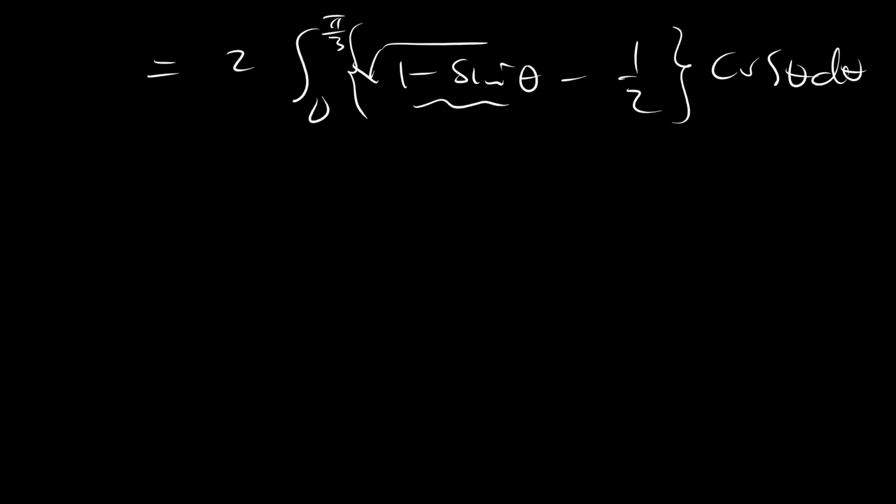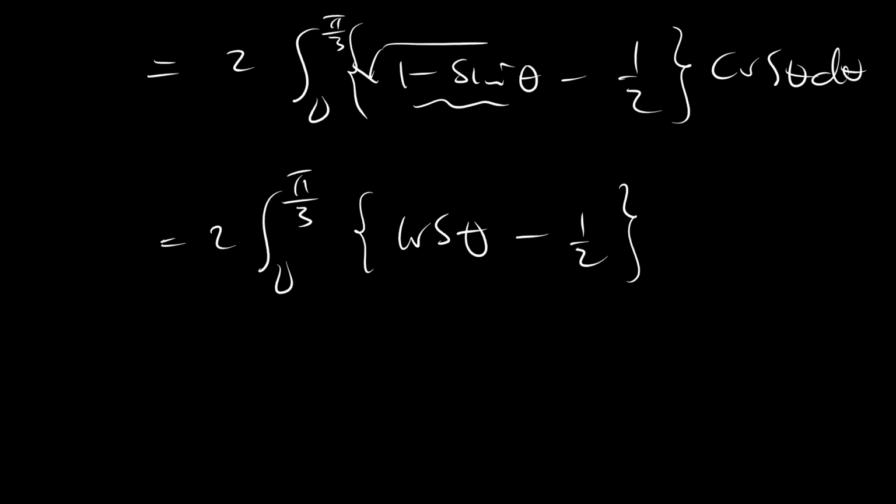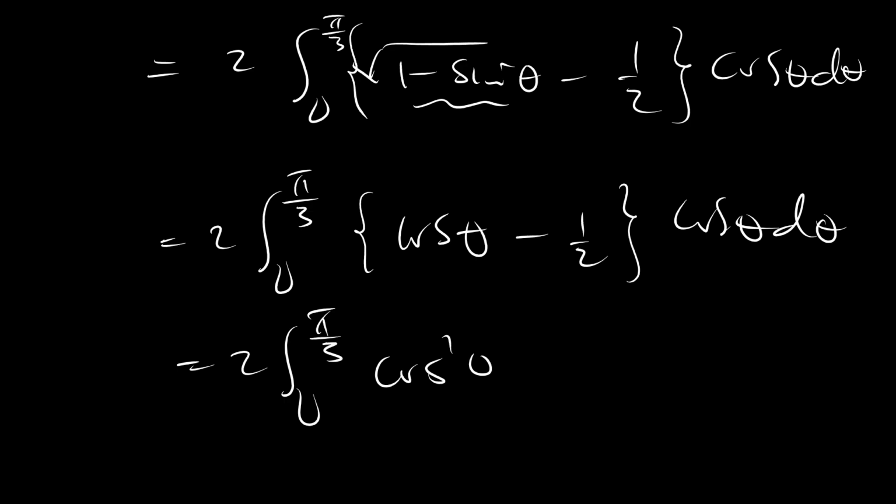So this here becomes cosine theta. 1 minus sine squared theta is cosine squared theta, and the square root is cosine theta. So we have twice the integral from 0 to pi over 3 of cosine squared theta minus a half cosine theta.